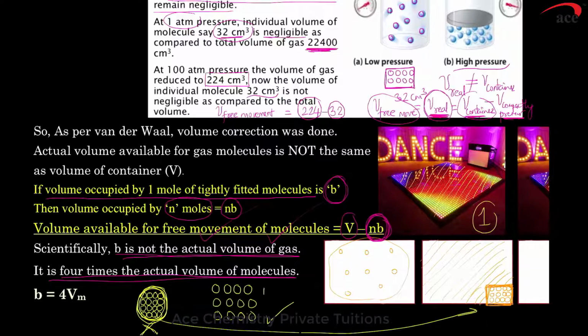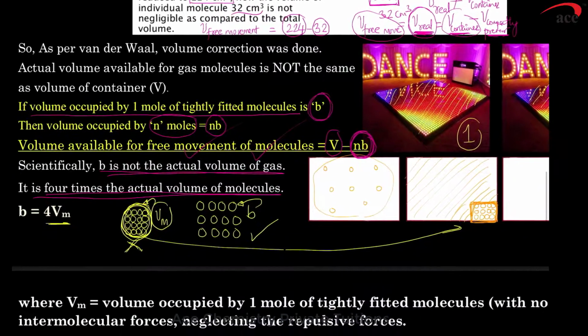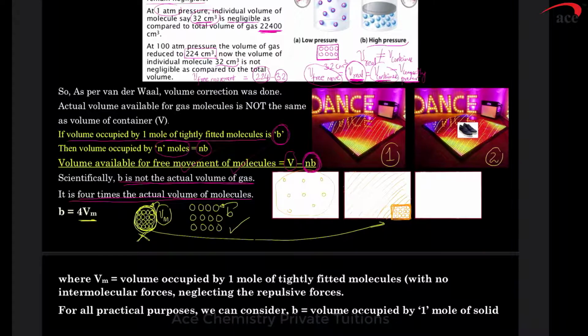So what we are saying is this is b and this is Vm. If this is Vm, then the molecules arranged compactly without repulsive forces is b, that is 4 times Vm. Vm is the volume occupied by 1 mole of tightly fitted molecules with no intermolecular forces, neglecting repulsive forces also.